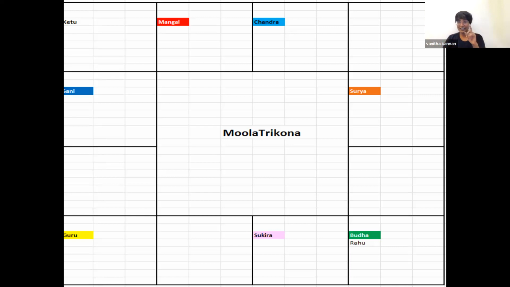Let's come to the Chandra. What is Chandra's own house? Cancer, Karkataka. But Chandra doesn't feel the Mula Trikona in her own house. It feels it in the second house. We know the reason also, right? Because the second house, Rohini, was present in it.